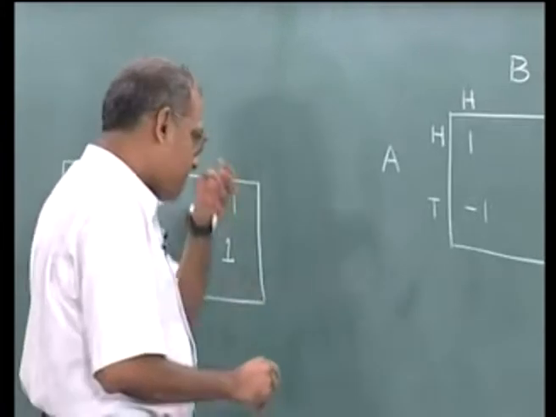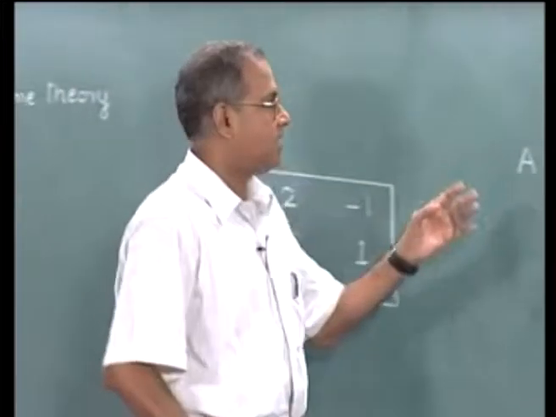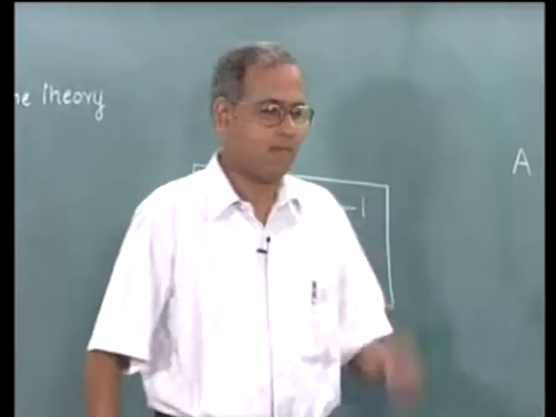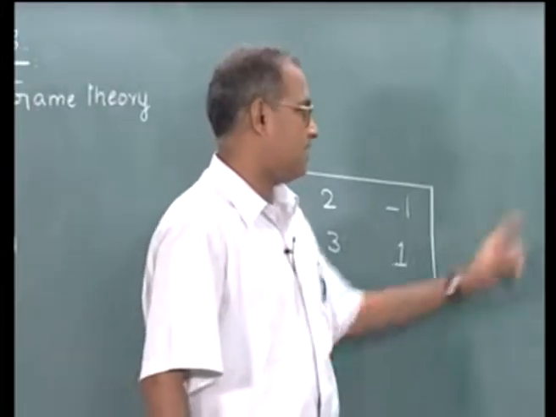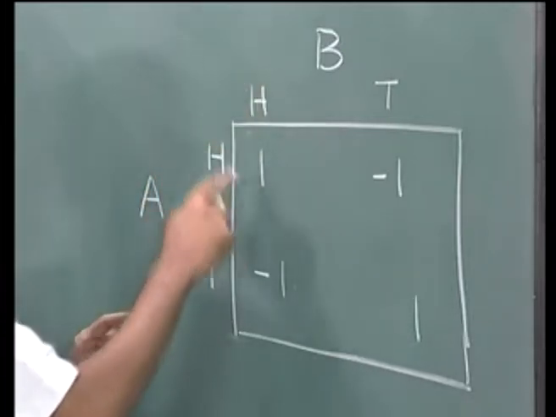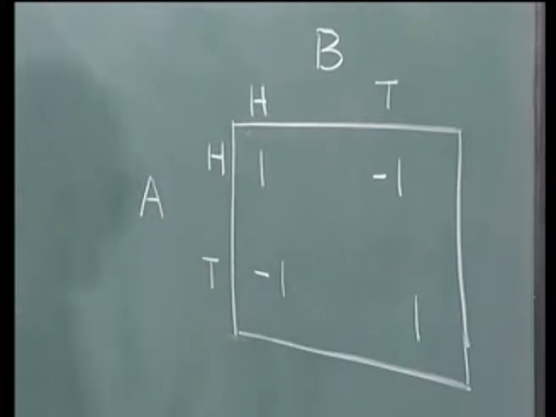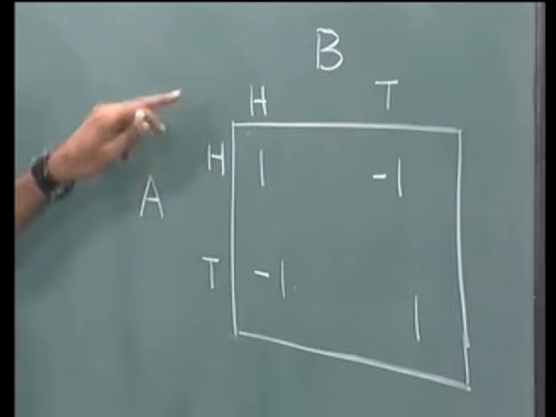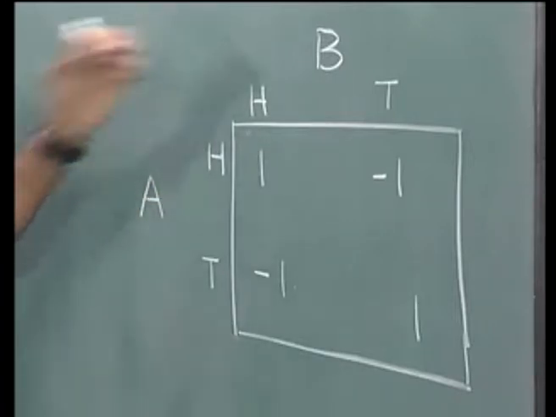Now, let us also try and simulate how A and B would play the game. So, let us assume that A decides to show a head and B also decides to show a head. So, in the first trial both of them will be showing a head and A will be winning. So, let us assume that A decides to continue showing the head because A thinks that B will be trying to show a head.